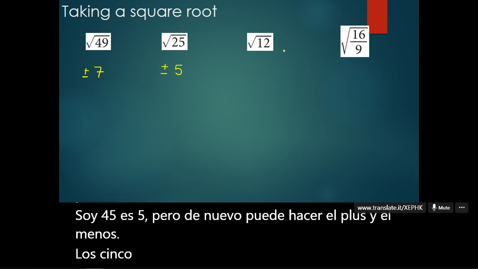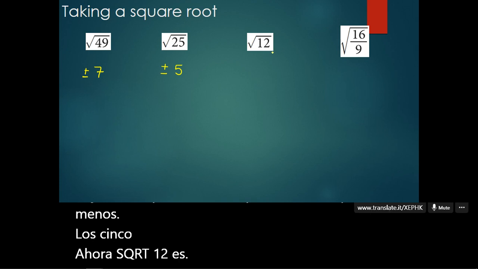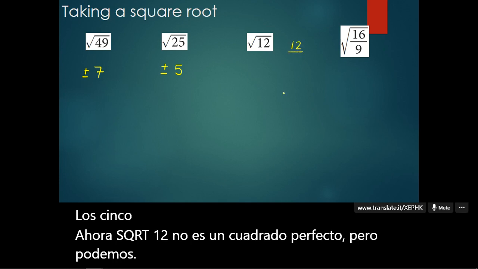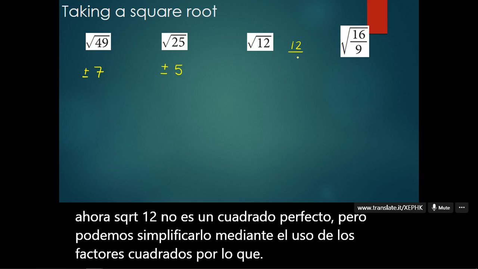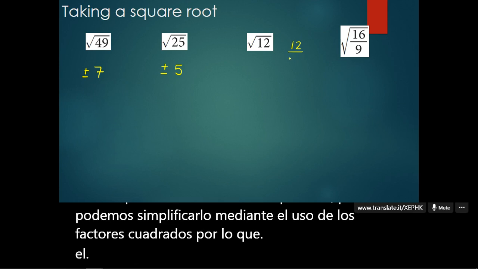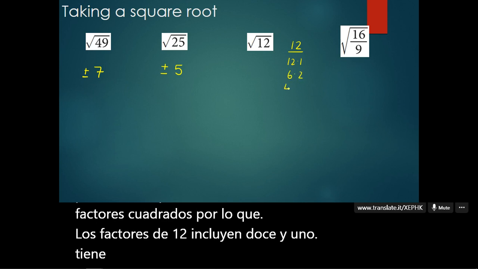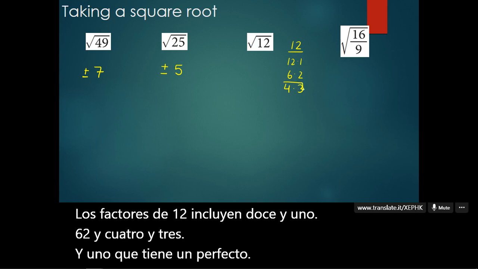Now, the square root of 12 is not a perfect square, but we can simplify it by using the square factors. So the factors of 12 include 12 and 1, 6 and 2, and 4 and 3. And the one that has a perfect square is going to be 4 and 3.